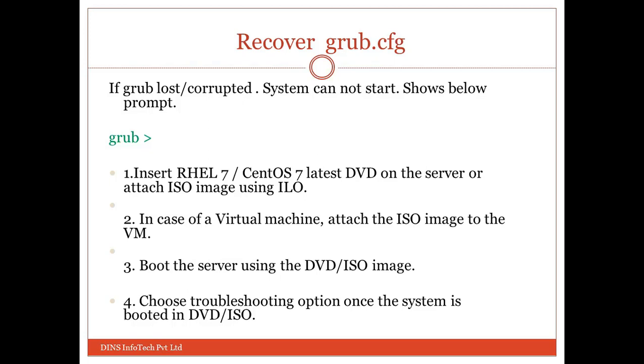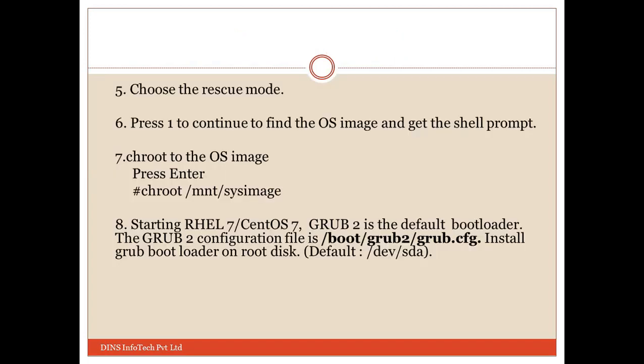For that we need to make changes in the firmware. The firmware might be your BIOS or UEFI. Then we will have the option for troubleshooting. We need to select that option for troubleshooting.